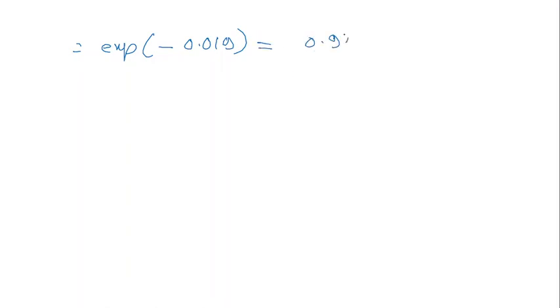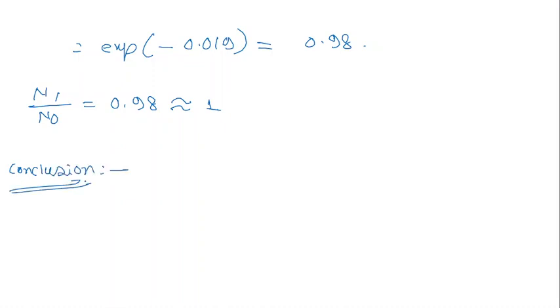Sorry, 9. So n1 minus n0, 0.98. So what we are getting is close to 1. You are getting now, this 0.9 is close to 1. So what conclusion can we draw? The conclusion also I am writing, so that if someone watches this video, they can also understand.